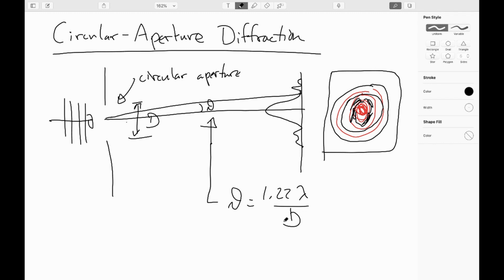Unfortunately, you can't say that the second minimum is located at 2.44 or anything like that. The numbers are nowhere near as kind as that. But the first minimum is located out at 1.22 lambda over d. And as a practical matter, in circular aperture diffraction, the central maximum is a lot brighter than any of the other rings around it.